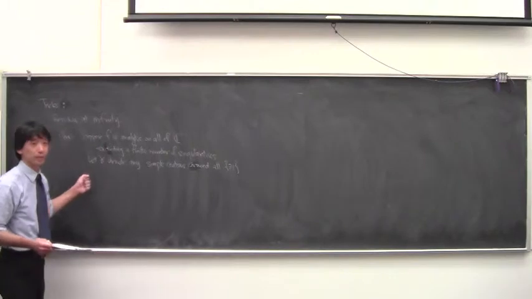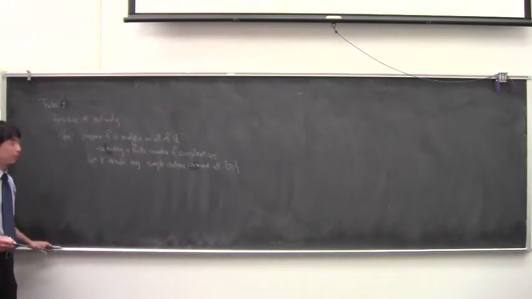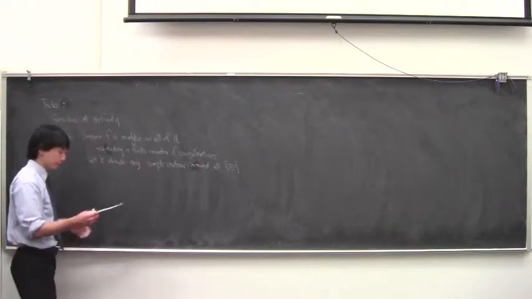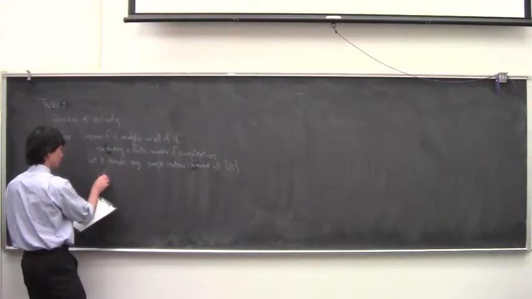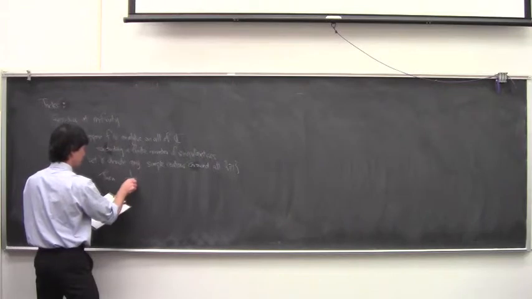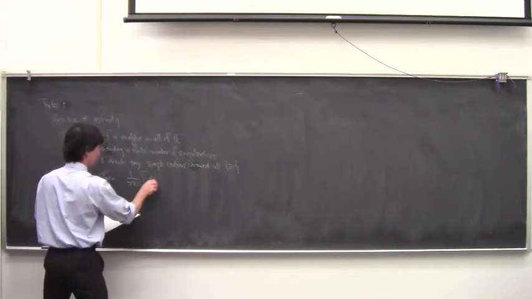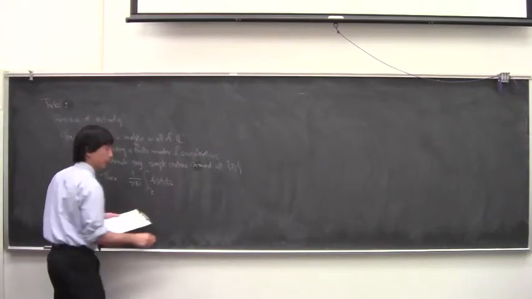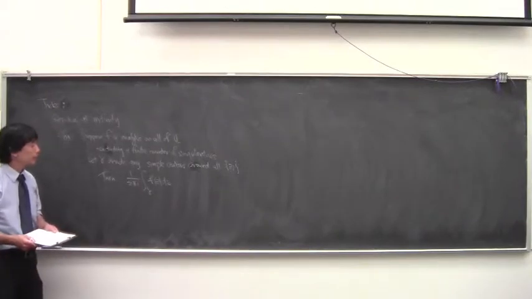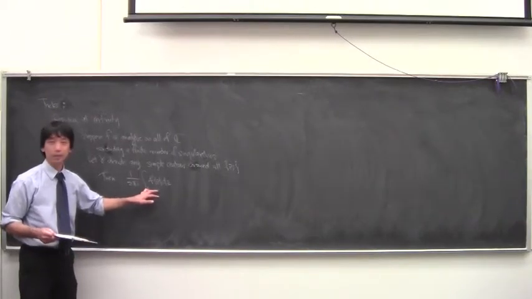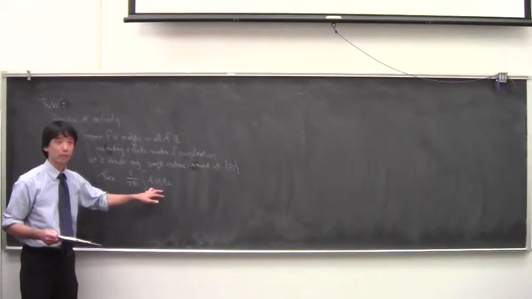All of our contours are going to be oriented positively, counterclockwise, unless we say otherwise. Then the integral over that, which is what we were just talking about, is the sum of the residues.